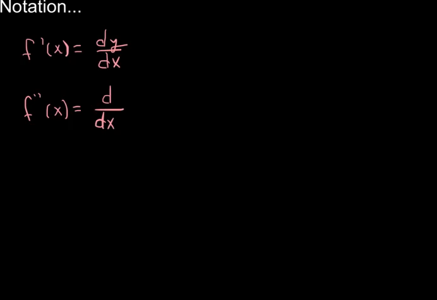Now, just as we have different notation for the first derivative, we have different ways of expressing the second derivative. So we know we can write this as f double prime, but the second derivative of dy dx is the derivative of dy dx, and we can write this as this.